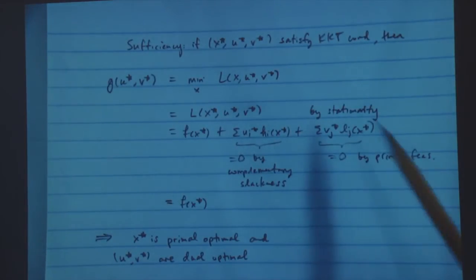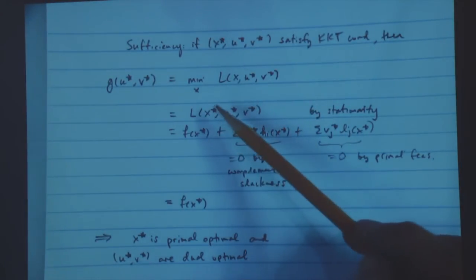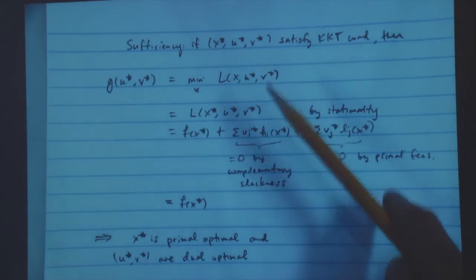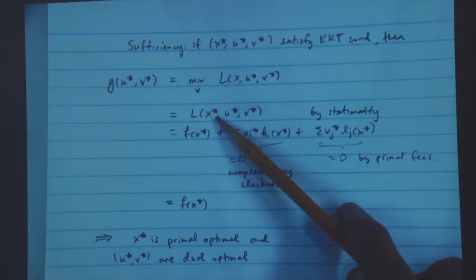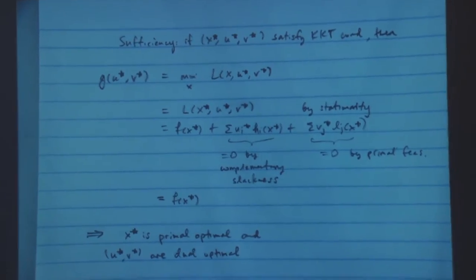Just think of this as a function of x alone. The stationarity condition is saying that the subdifferential of that function, when evaluated at x star, has 0 in it, which means that x star achieves the minimum here. Yeah? What happens if strong duality doesn't hold? It's a good question. We'll get to that on the next slide. We'll put it together.